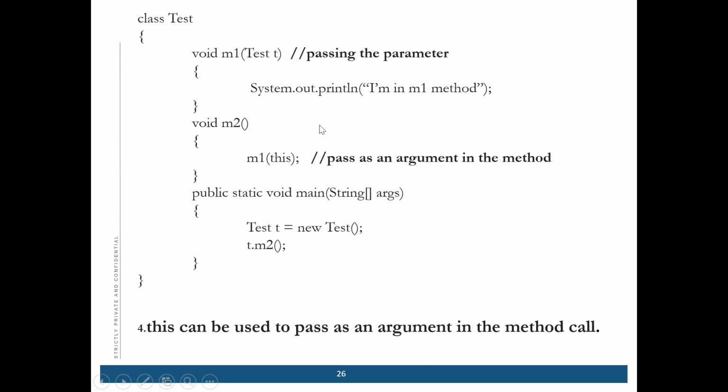So what argument are we passing here? Test t. Test is the class, so t is the class variable. We are passing a class variable. This is just a way of writing. I'll just show you in practical how to do that.